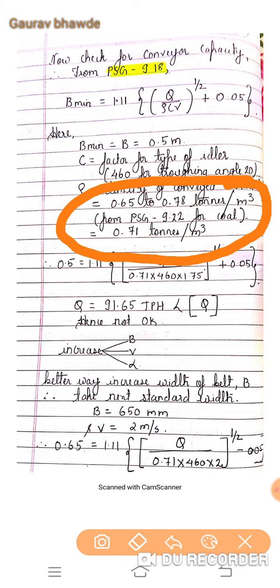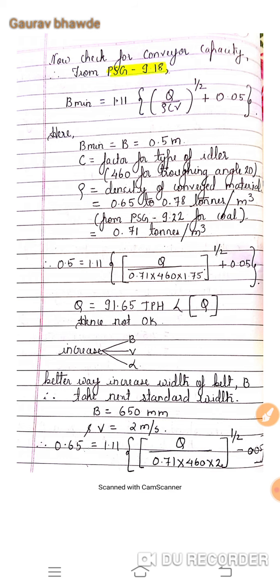Here you can see from PSG page number 9.22, for conveyed material coal, we get 0.65 to 0.78 tons per meter cube, taking the average of that value, which is 0.71 tons per meter cube.